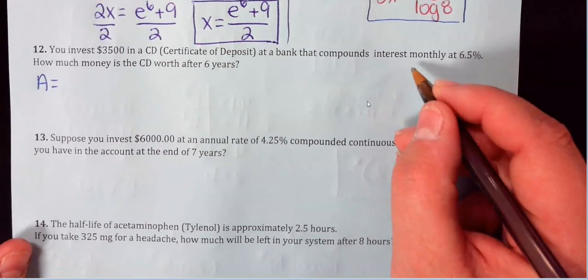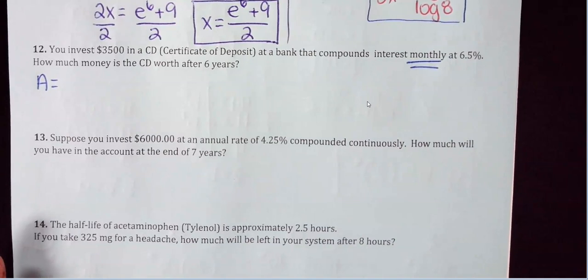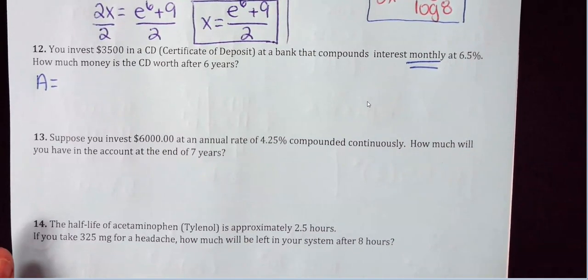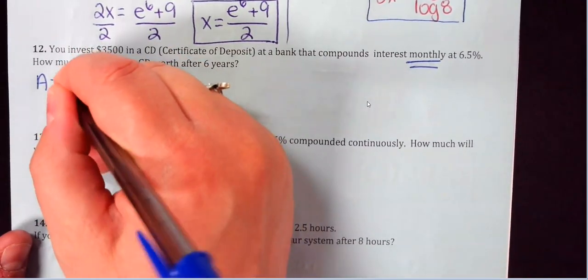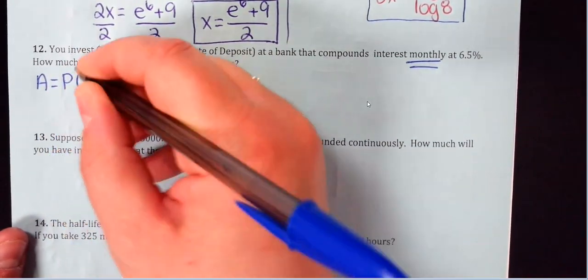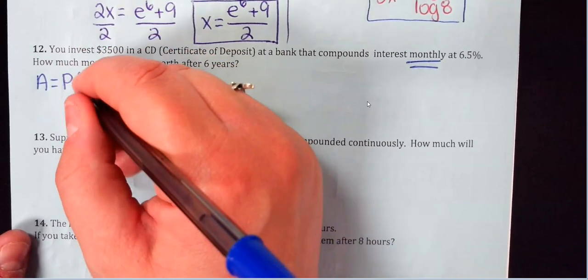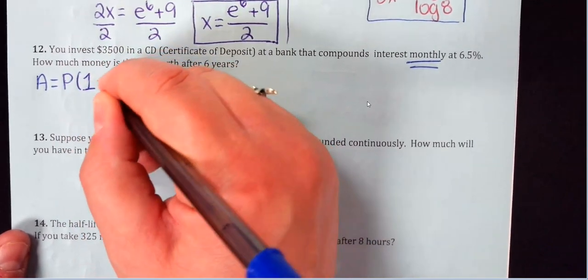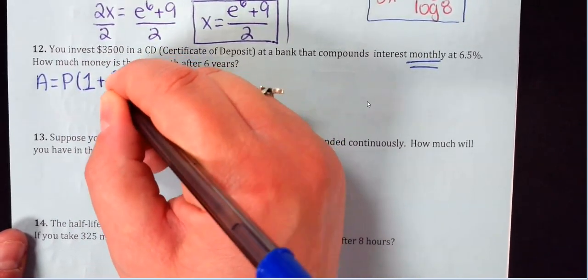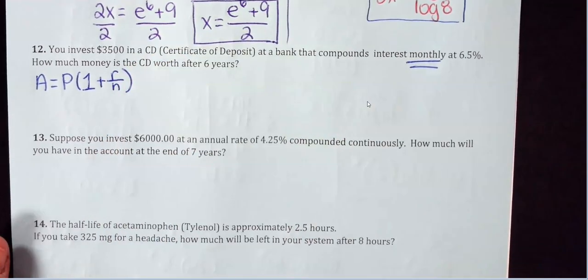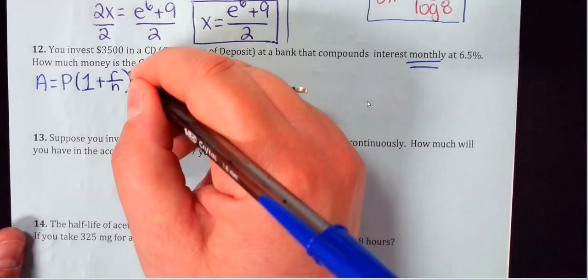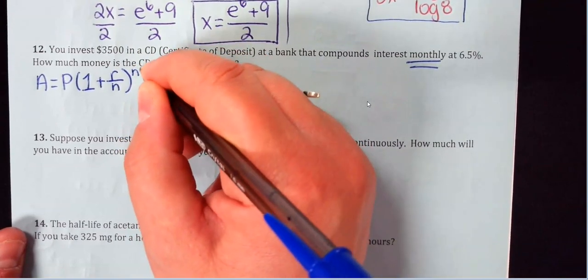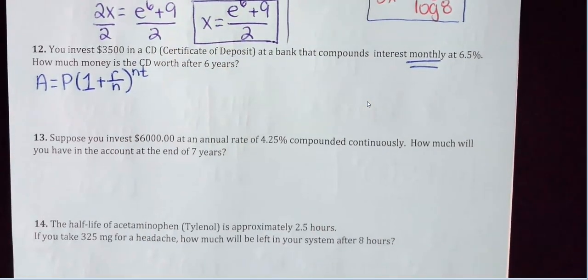There are two different formulas, and which one I would pick depends on how often they compound their interest. If I compound monthly, that is one of the formulas that we had, and it looks like this. Principal, and then 1 plus your interest rate divided by the number of times you compound during the year, and the exponent, number of times you compound during the year, multiplied by the time.